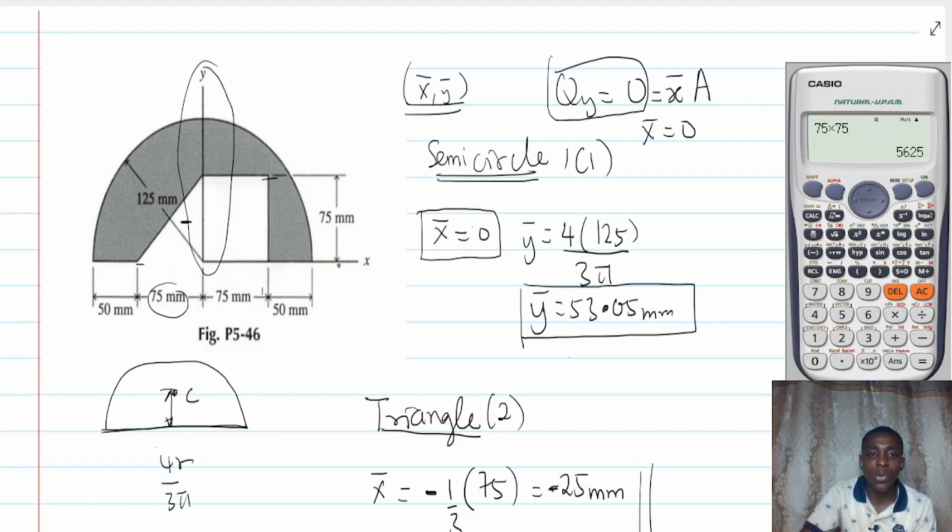It's very important to know this theorem. Because the semicircle is here and the y-axis is dividing the semicircle exactly into two, that is the reason why the x bar was 0. But if the whole area, including the square and the triangle, were all divided exactly into two by the y-axis, then the x bar would have been 0 for all of them. Please understand this theorem. Other than that, you get it wrong.